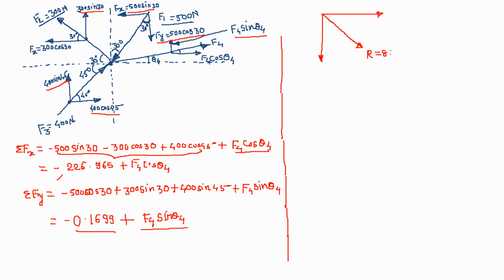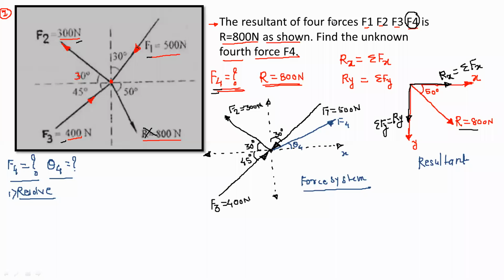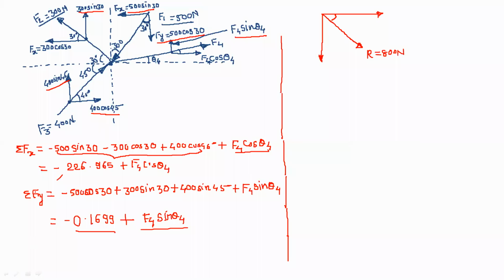So R is given, that is equal to 800 Newton. This angle, it is 50 degree. So this component, it will be Rx, this will be Ry.